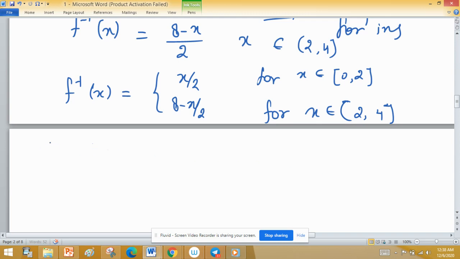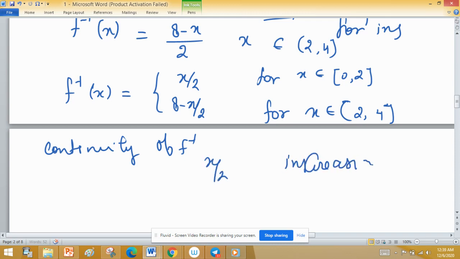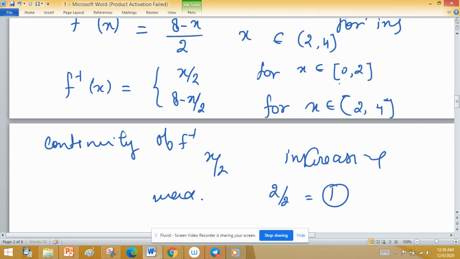Now we will discuss continuity of f inverse. You can check here, x by 2 is an increasing function, so it will give its max value at 2. So 2 upon 2 means 1. 1 is my max value when x is in the closed interval 0 comma 2.